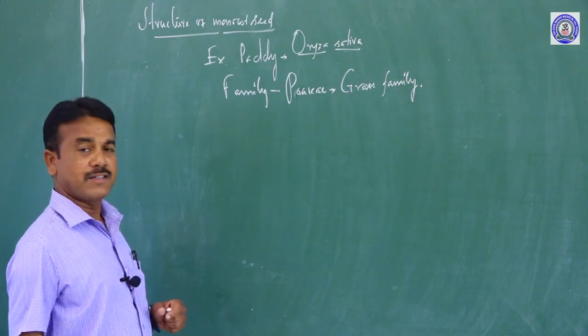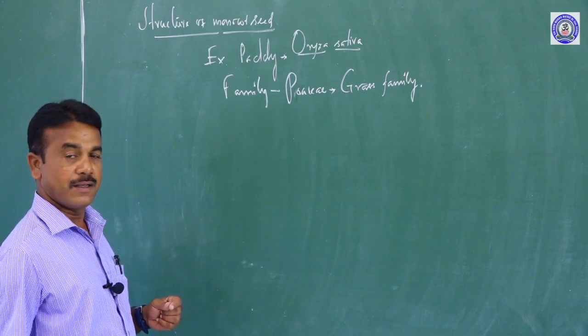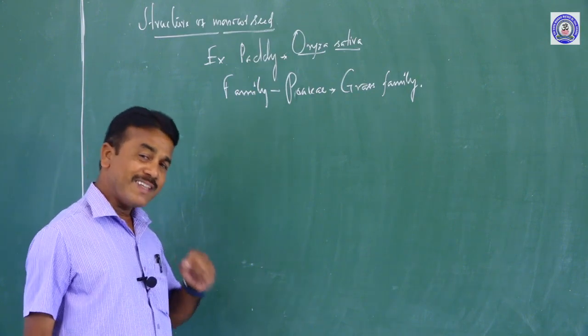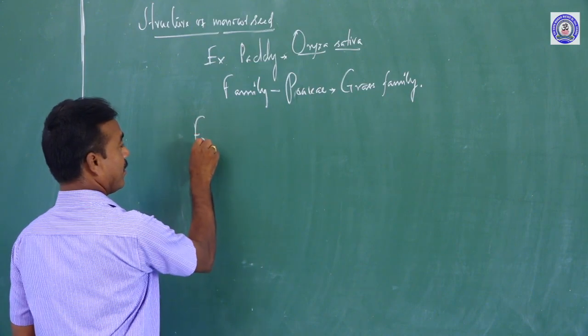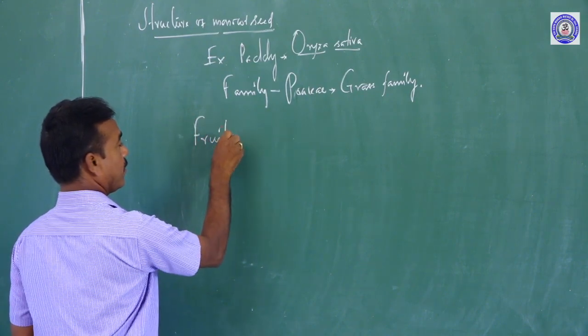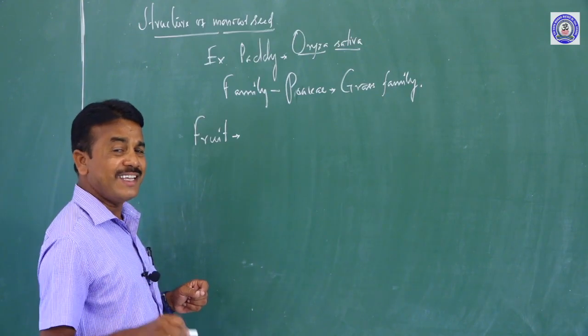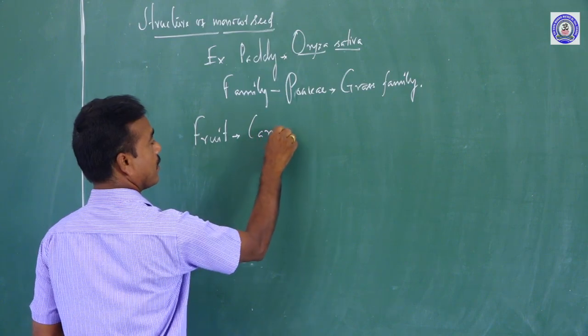For the structure of a monocot seed, the example is paddy. The seed of paddy is not really a seed, it is actually a fruit. A fruit with a single seed is commonly called a caryopsis.